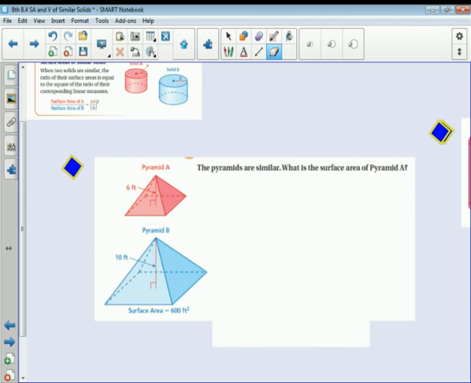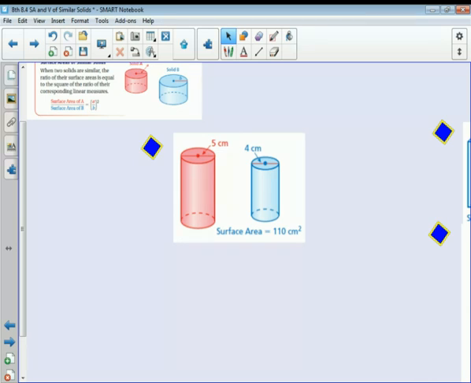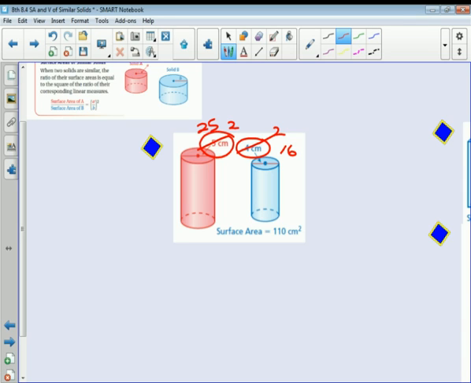Okay. All right, so let's go ahead and try another one here. Even though this time it's cylinders, you're still doing that same concept. The linear measures that they're giving us on this one are 5 and 4. I'm going to square those. I personally like to square them right away. So this now becomes a 25 and this now becomes a 16. Okay, so my red, 25 was my linear measure.